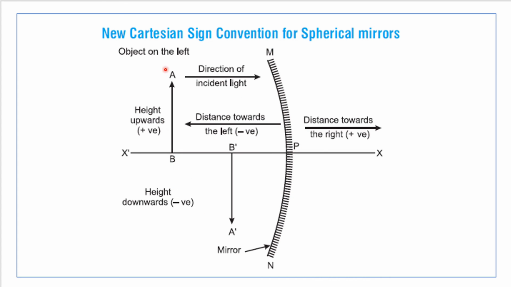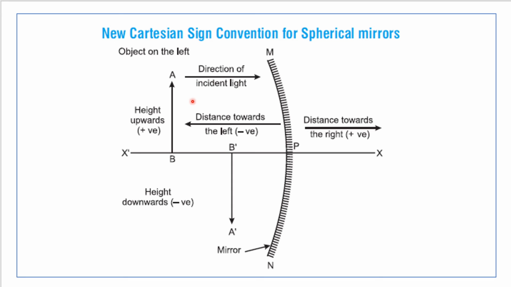See the new Cartesian sign conventions for spherical mirrors. See here, this is a spherical concave mirror, this is the principal axis, this is the pole, and here is the direction of incident light.